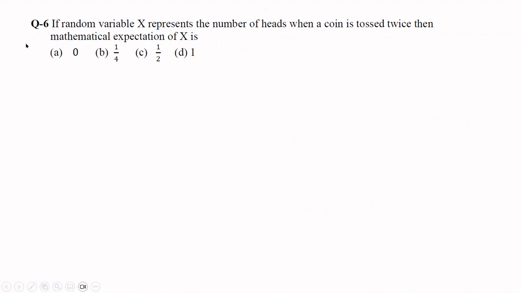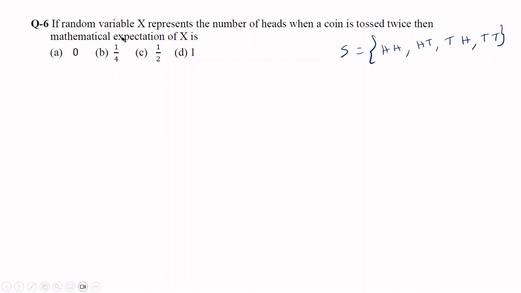Moving on to the next question. If random variable x represents the number of heads when a coin is tossed twice, then the mathematical expectation of x is. When a coin is tossed twice, the sample space consists of both heads, or one head and one tail, which can be first head second tail or first tail second head, or we may get two tails.